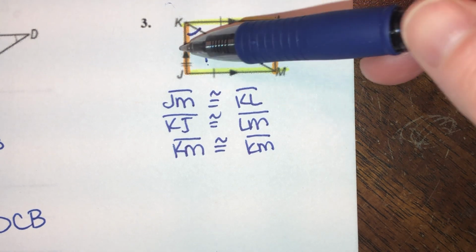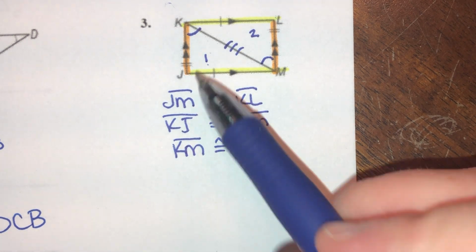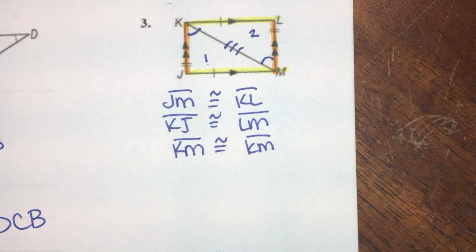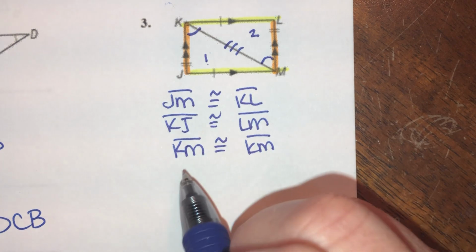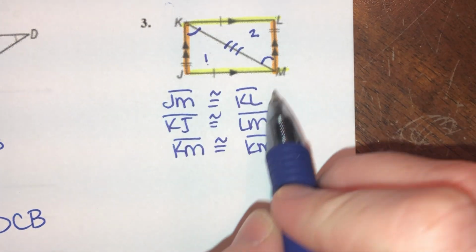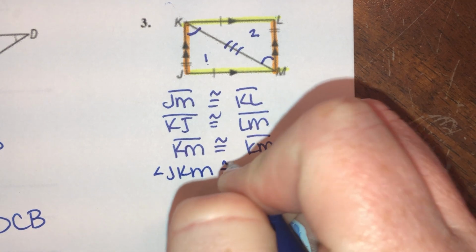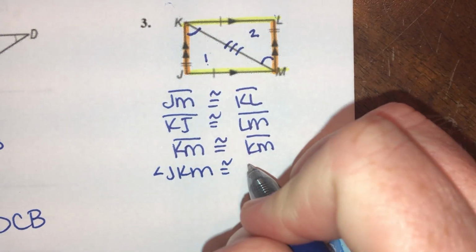They're inside the two parallel lines on different sides of the transversal, so they're alternate interior. And when lines are parallel, alternate interior angles are congruent. So I'm going to be specific. I can't call this angle K because there's another one here. So I'm going to say JKM, angle JKM, is congruent to angle LMK.